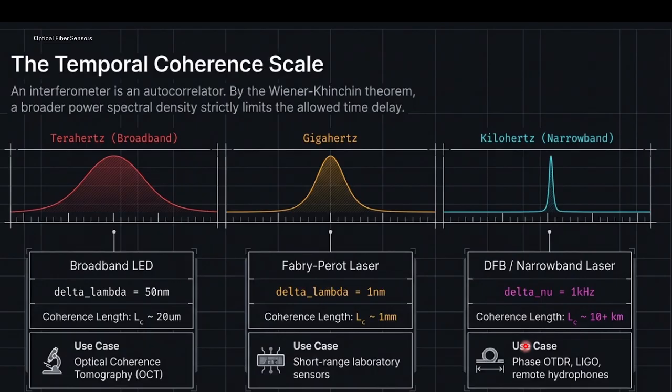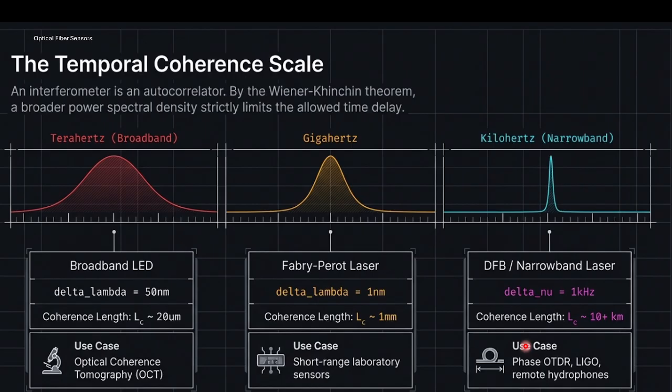Moving to the next topic, the temporal coherence scale, where we need to discuss terahertz, gigahertz and kilohertz bandwidth. For this temporal coherence scale, an interferometer is an autocorrelator, and by the Wiener-Khinchin theorem, a broader power spectral density strictly limits the allowed time delay.